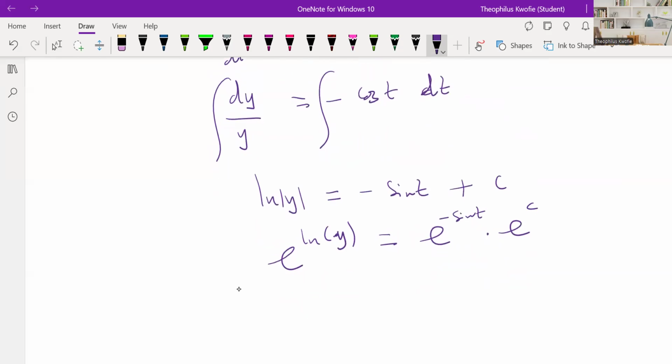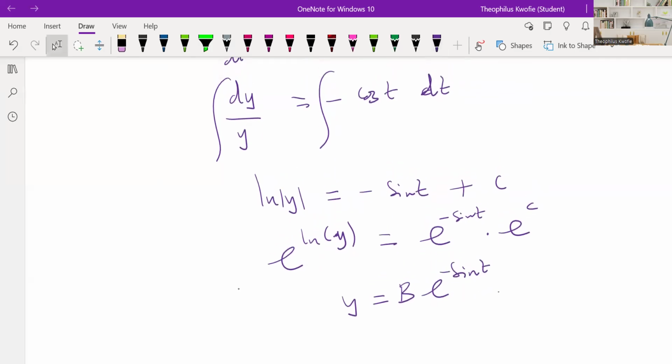And since the exponential function has an inverse with the natural log, because they are inverses of each other, that means that we're going to have y. And then remember e to the power c is a constant, so we can use something like b or any other constant, okay? So this is the result we are going to have for this particular problem.